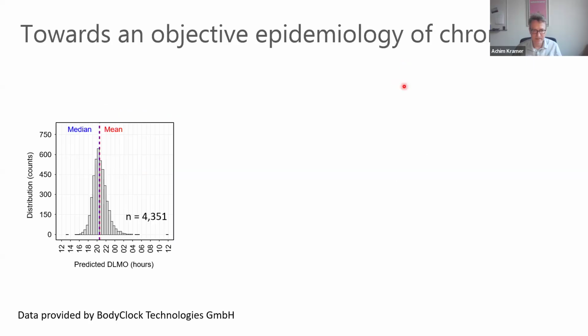Okay, so when we now look at many people, we founded a spin-off company. I have shown you my conflicts of interest in the first slide. It is called Body Clock, and customers agreed to use their data for research. This is data from 4,351 people who did this test.